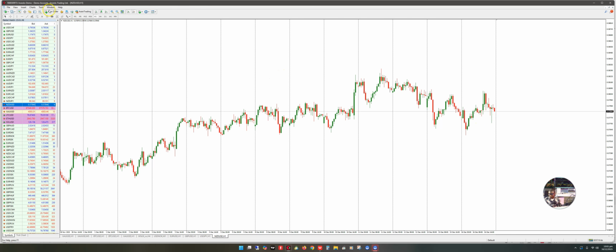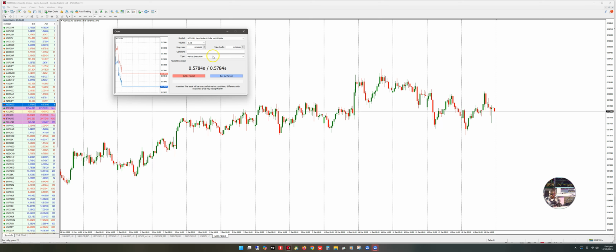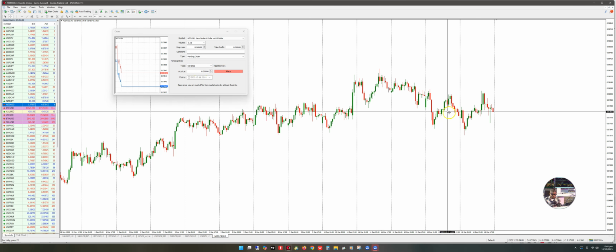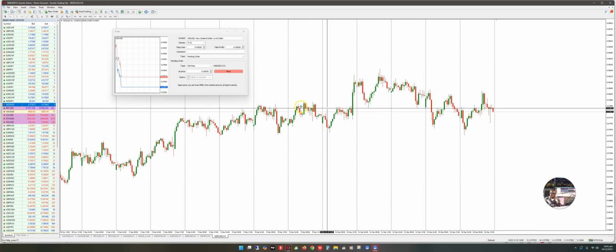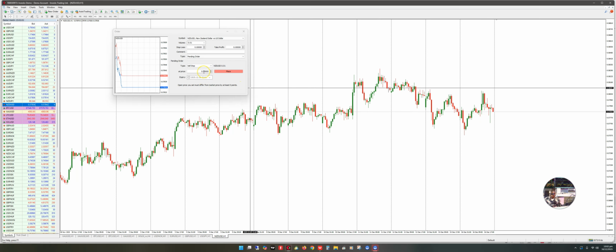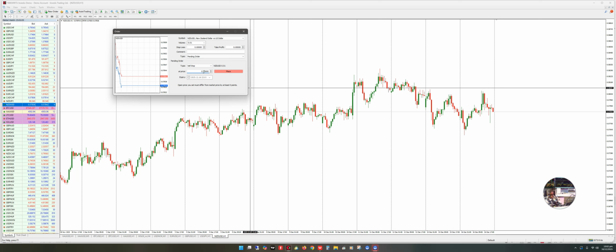I'll click on new order, change the market execution to pending order, and select sell stop. Then input my entry price. I want to also state that all orders must be a minimum of 10 pips away from market price, otherwise it will not execute.